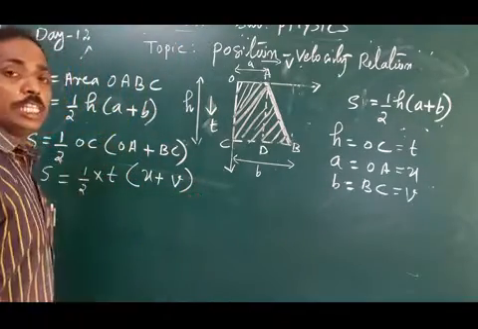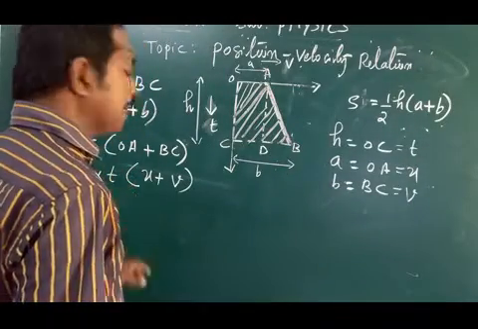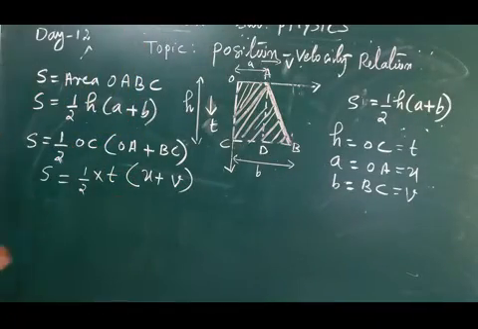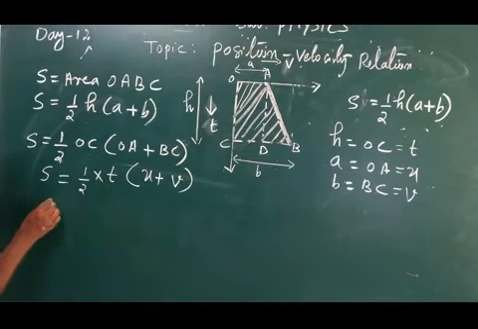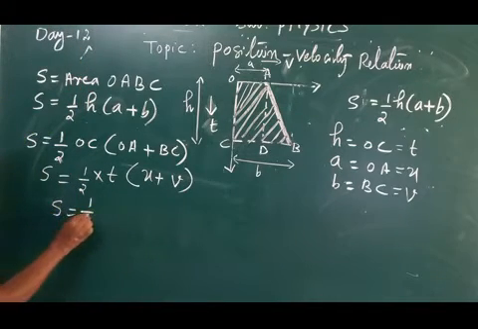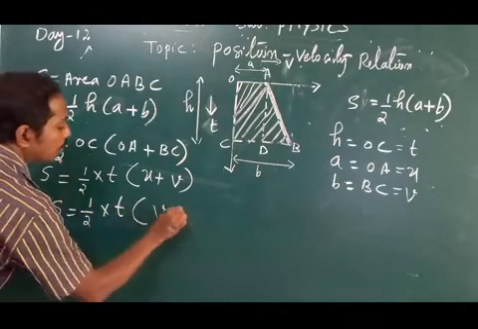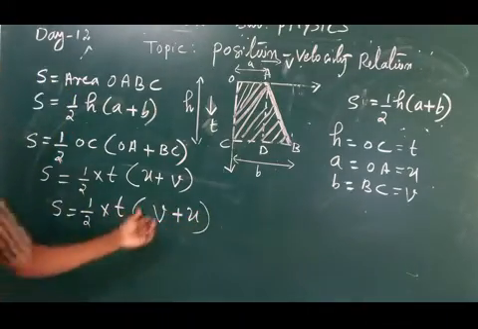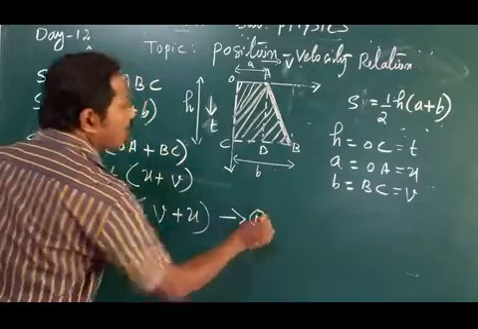Just for arranging this, I write it like that for our convenience. For the next equation's requirement, I write S equals half into time into v plus u. You will understand later why I wrote it like that. I write this as equation number 1.